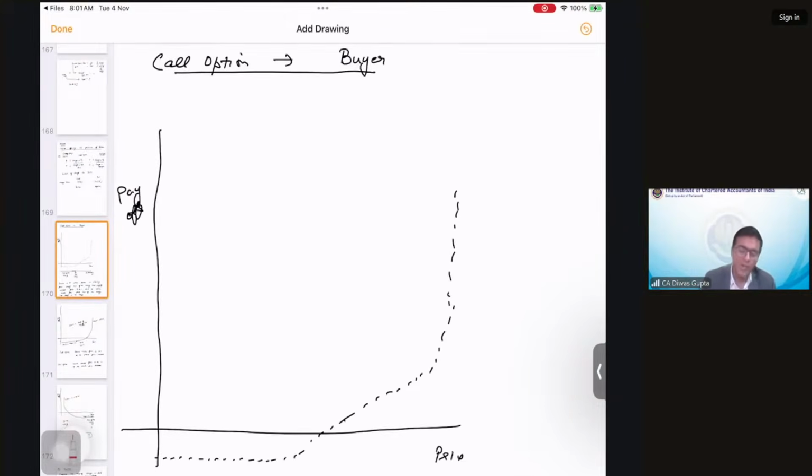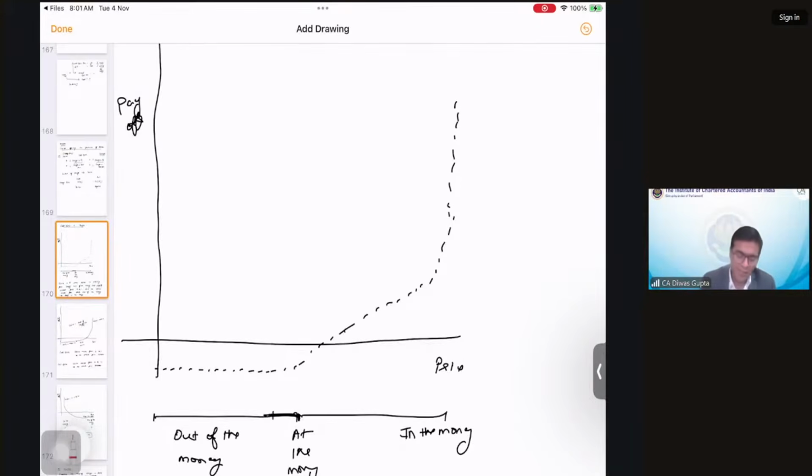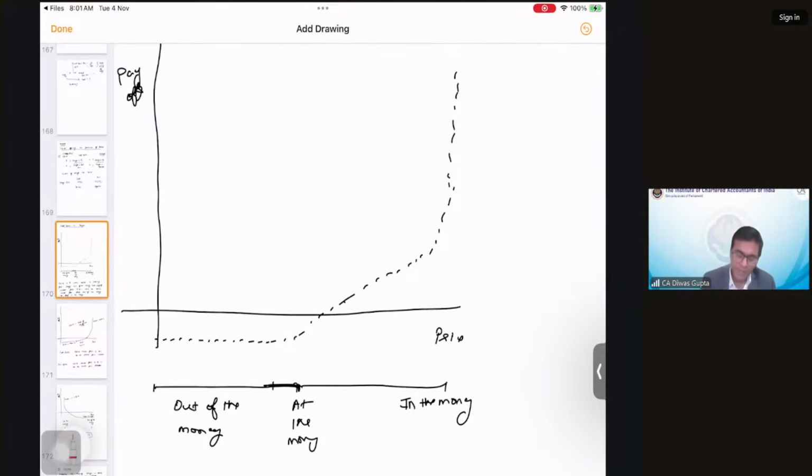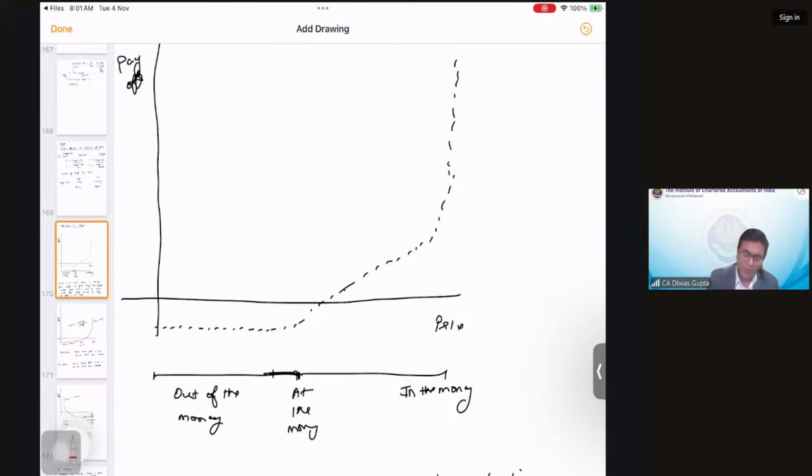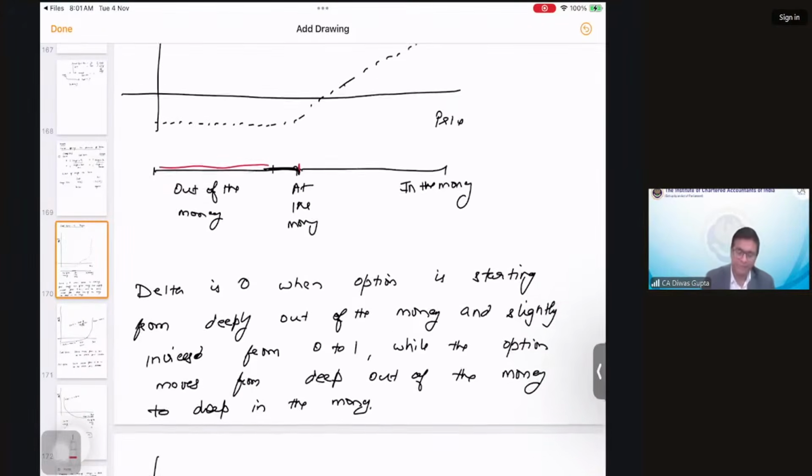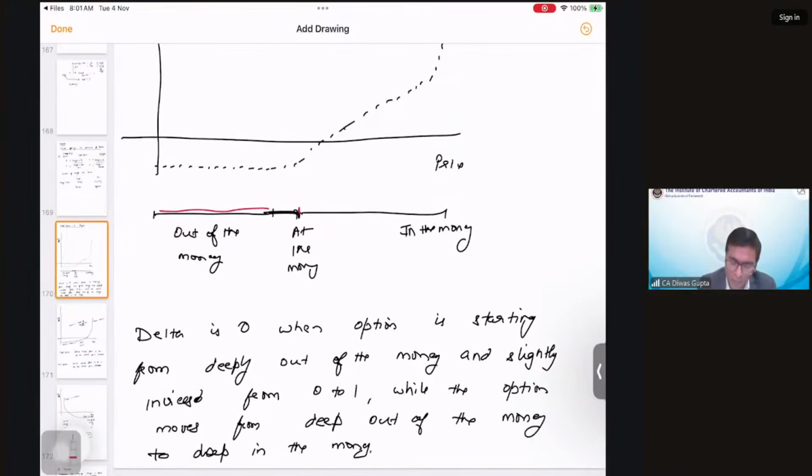Now, if we talk about a call option from a buyer's perspective, the option was out of the money till here, then at the money here, and then in the money. So what will happen to delta? Delta is zero when the option is deep out of the money and slightly increases from 0 to 1 as the option moves from deep out of the money to deep in the money.